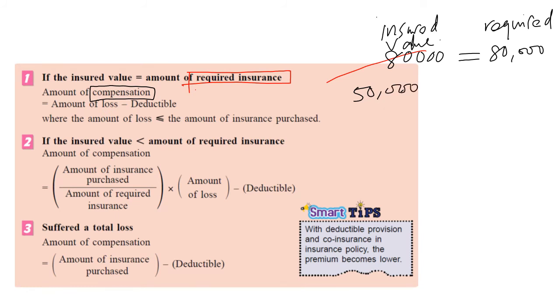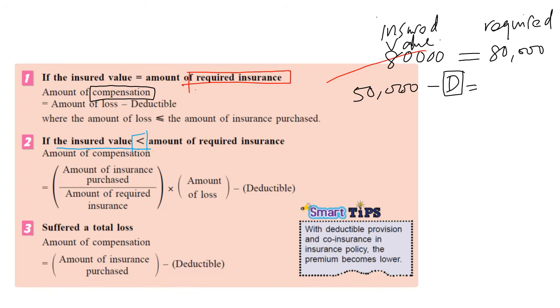Then the company will pay you full compensation, but have to minus the deductible first. You have to see in the contract how much the deductible is. But what happens if the insured value is less?